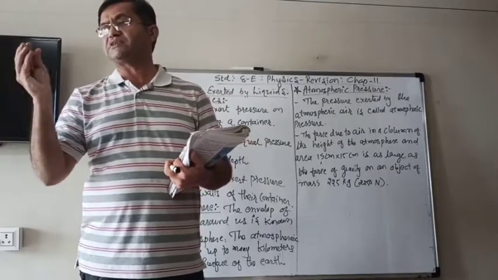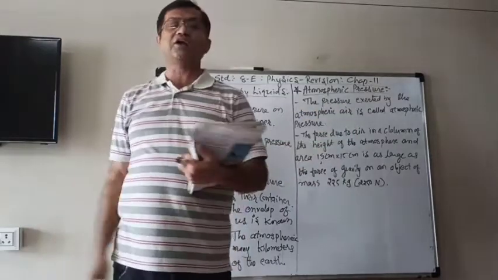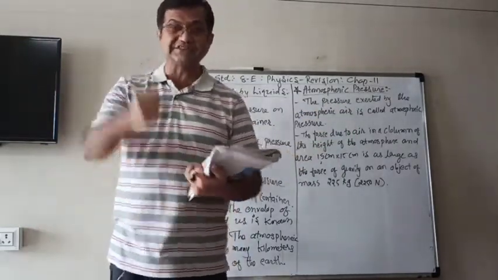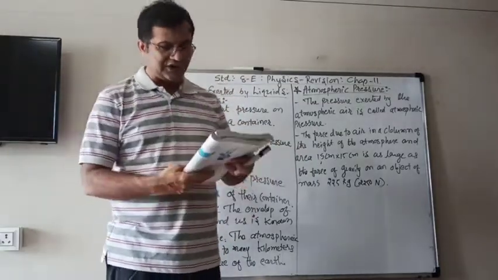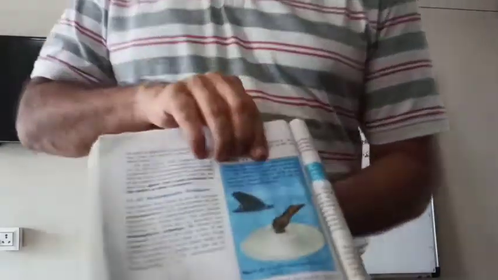Sometimes you know that small toys to play with also come like this. If you press it hard on the glass, it sticks on the glass and it is not easy to take it out because of the atmospheric pressure. A rubber sucker looks like this.